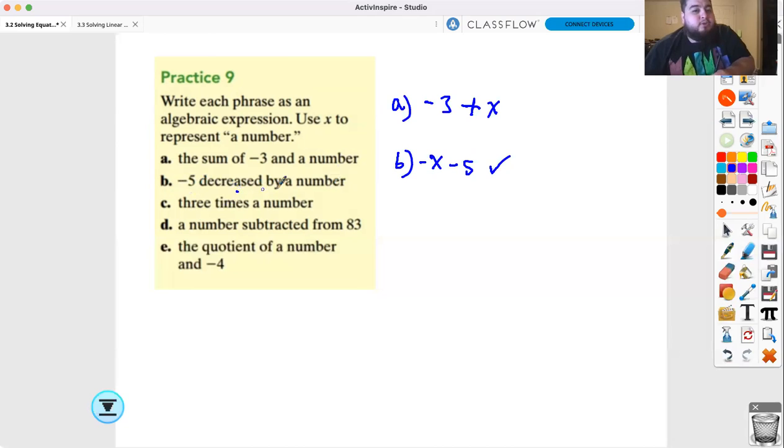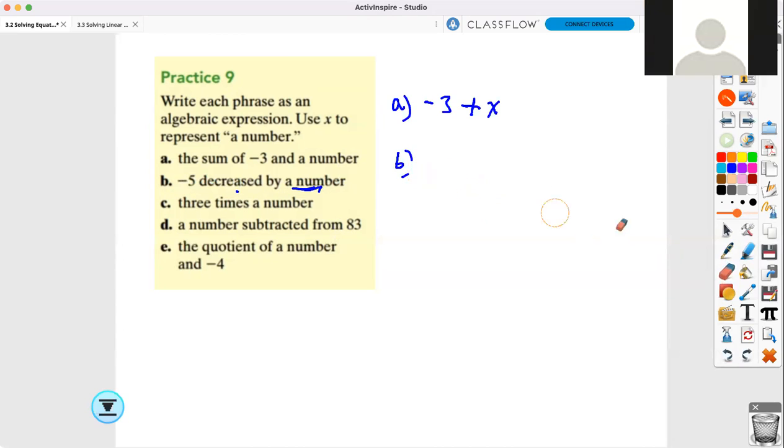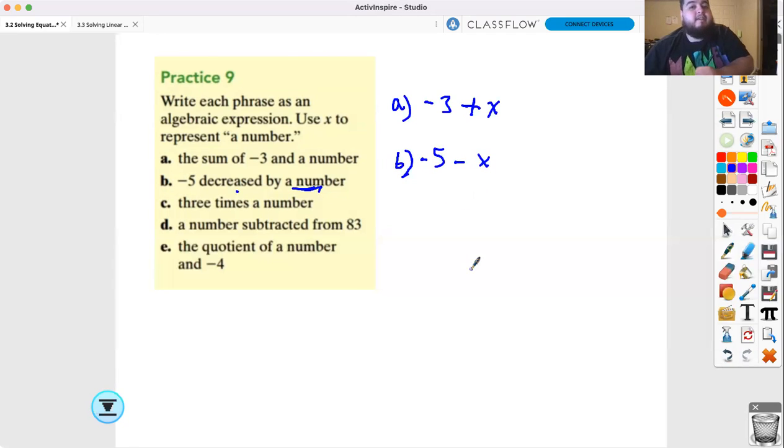If something's being decreased by, then it's being what? Subtracted. What's being subtracted though? The X. So what do we start with? What's being decreased by X? -5. There you go.